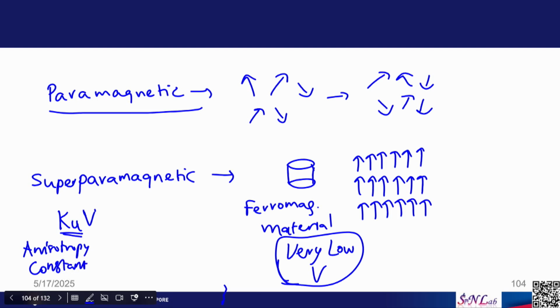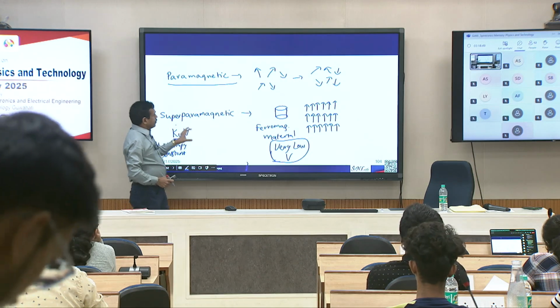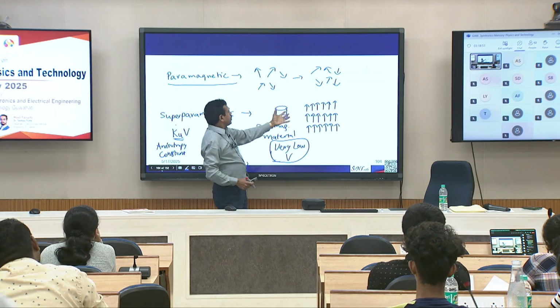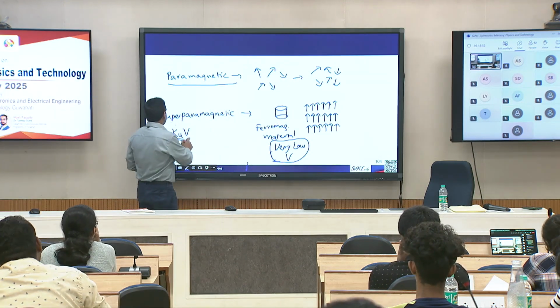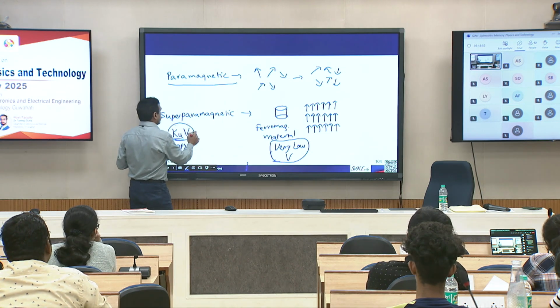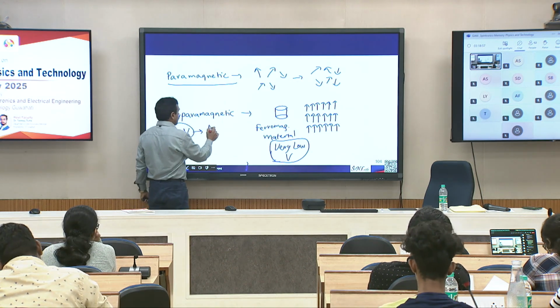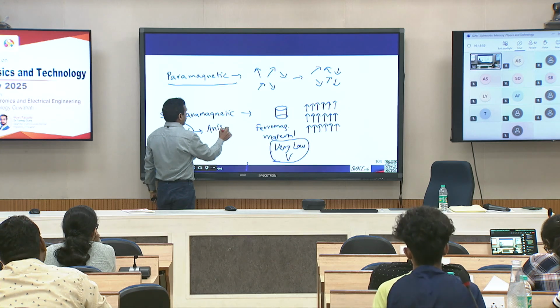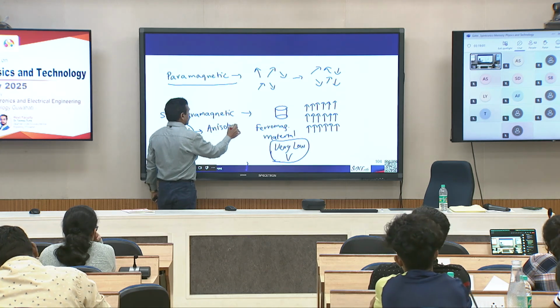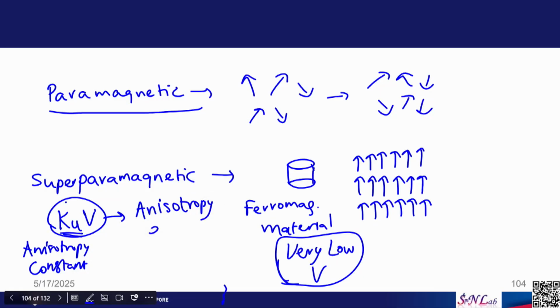If you multiply the anisotropy constant of the material with the volume of the particle that you have prepared, then you have this term. This is called anisotropy energy. This energy is the one that keeps the magnetization fixed in one particular direction.